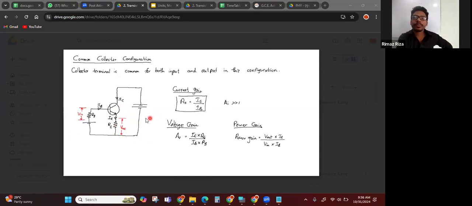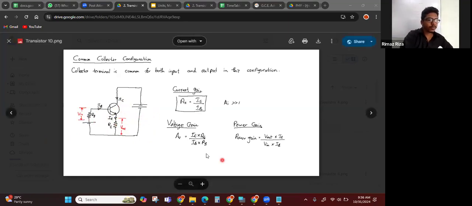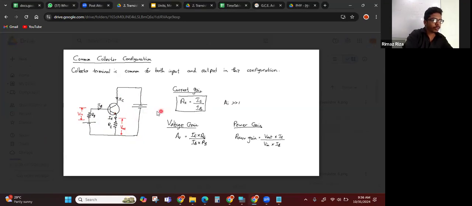Here you may get confused because the shape is different, but it is exactly the same as what I have drawn.